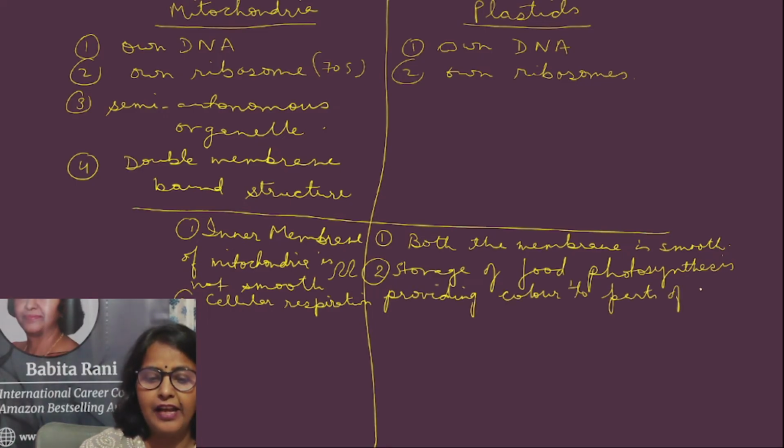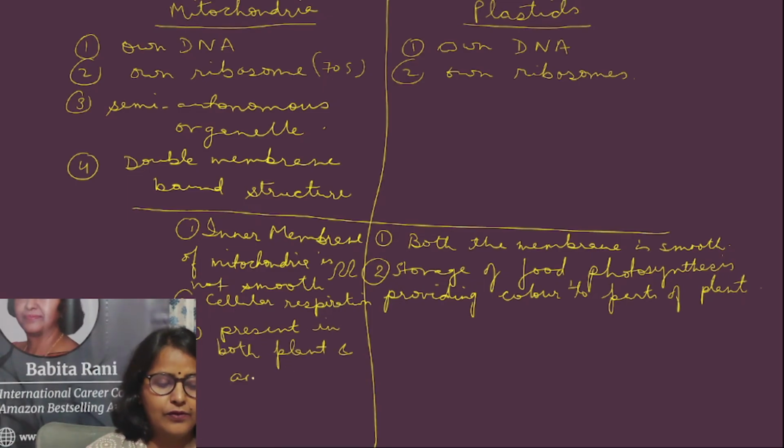Another difference is that mitochondria is present in both plant and animal cell, whereas plastid is present only in plant cell.